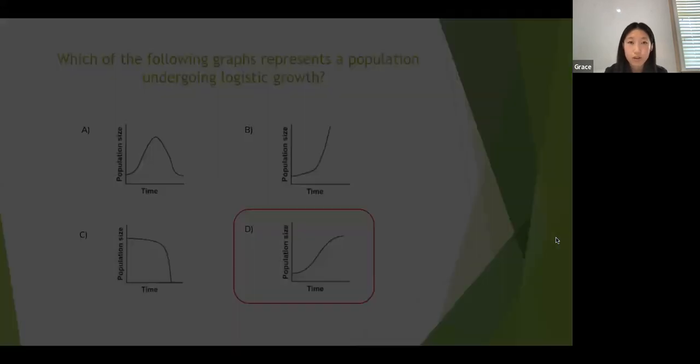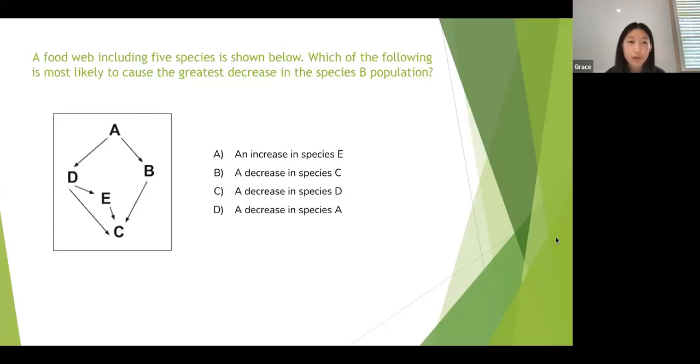All right, moving on. A food web including 5 species is shown below. Which of the following is most likely to cause the greatest decrease in the species B population?